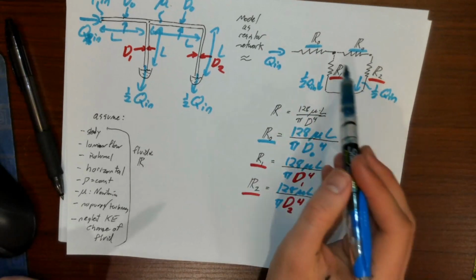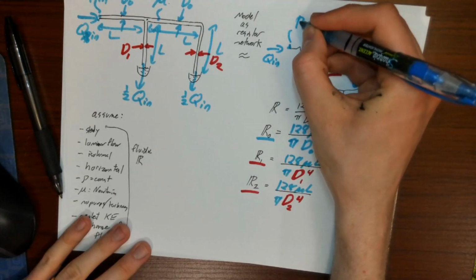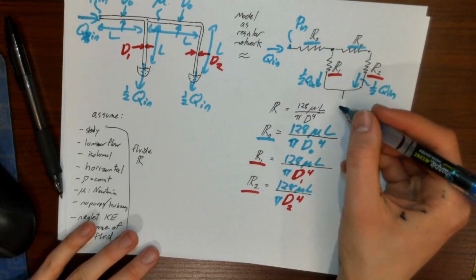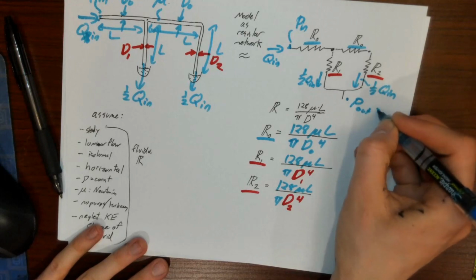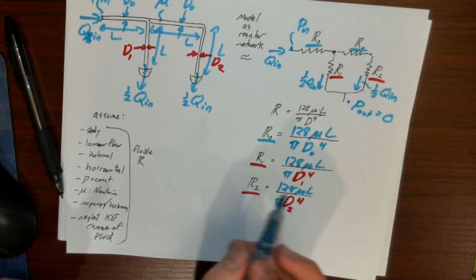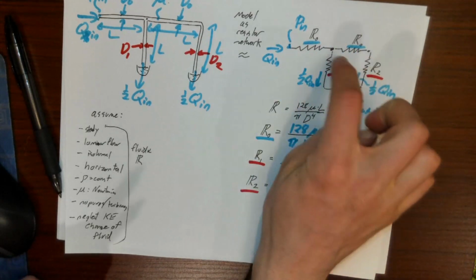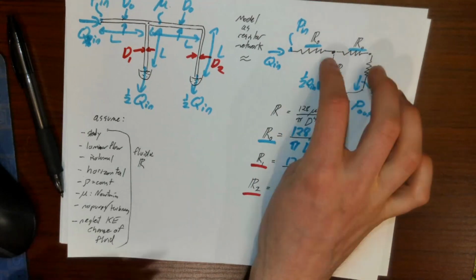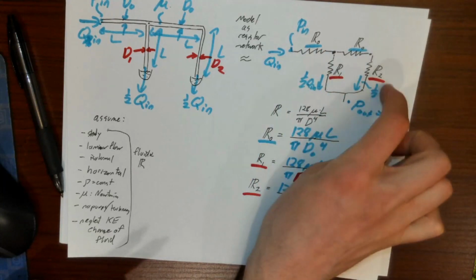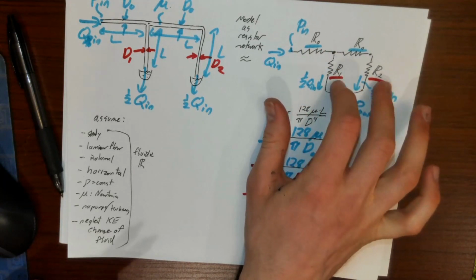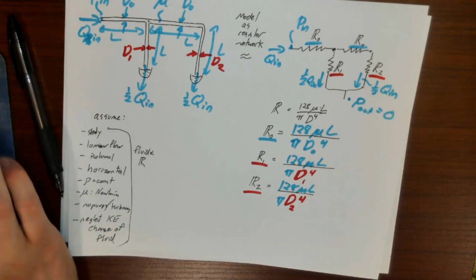And I also know P in and essentially P out. If we work in gauge pressures, we can say that is 0, right? So what does this mean? Hopefully, using this idea of combining things in parallel and series, I can eventually work towards a set of equations where I can have at least two equations with R1 and R2 in there.